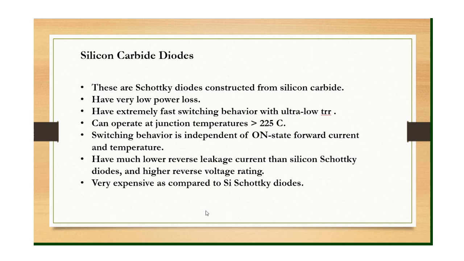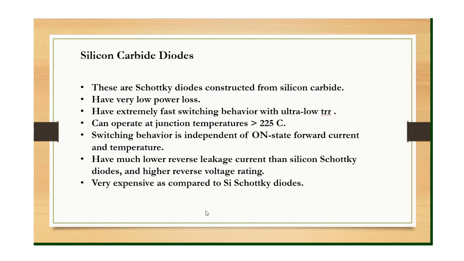These are constructed from silicon carbide, as the name indicates. They have very low power loss, extremely fast switching behavior, ultra low TRR, that is reverse recovery time. It can operate at junction temperatures greater than 225 degrees centigrade.